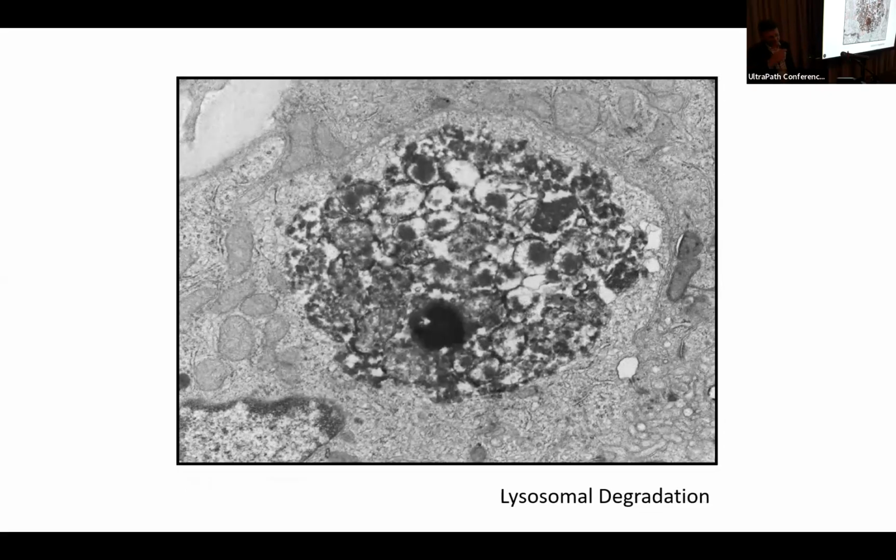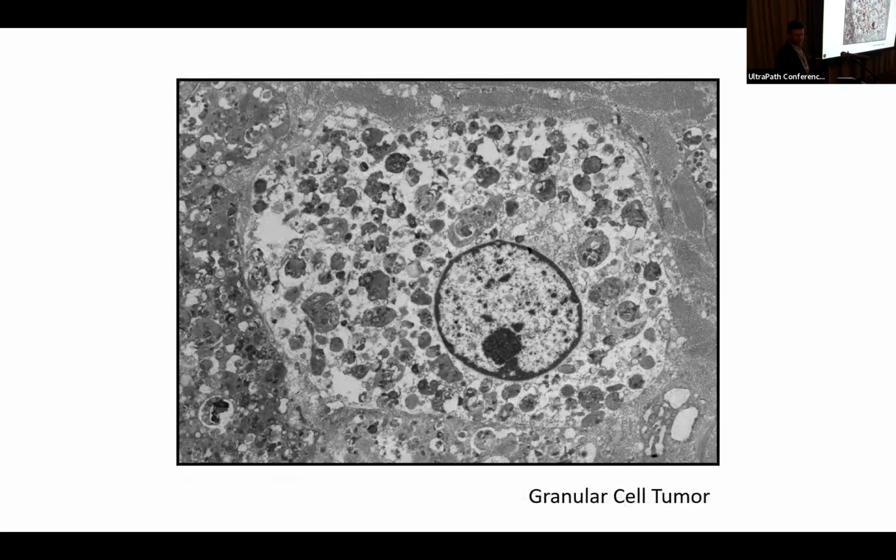But there do exist two different mechanisms for intracellular recycling of materials. There's the lysosomal mechanism and then the ubiquitin mechanism. And the observation of an unusual number of lysosomal granules, as in this example here of the granular cell tumor, can be key to a diagnosis for certain neoplasms.